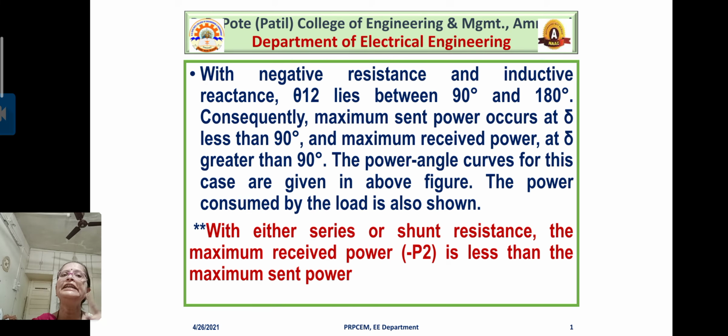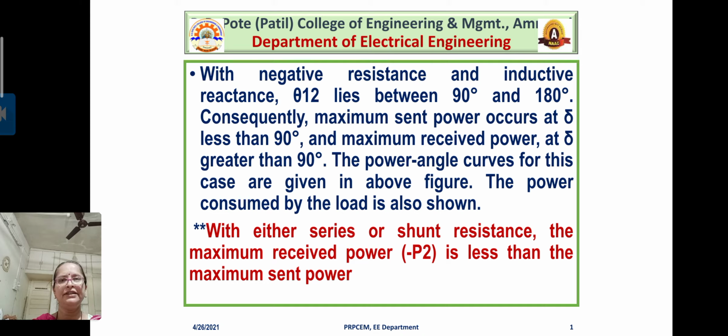So with negative resistance and inductive reactance, now theta 12 lies between 90 degree and 180 degree. Consequently, maximum sent power occurs at delta less than 90 degree and maximum received power at delta greater than 90 degree. Getting me? I will repeat this.